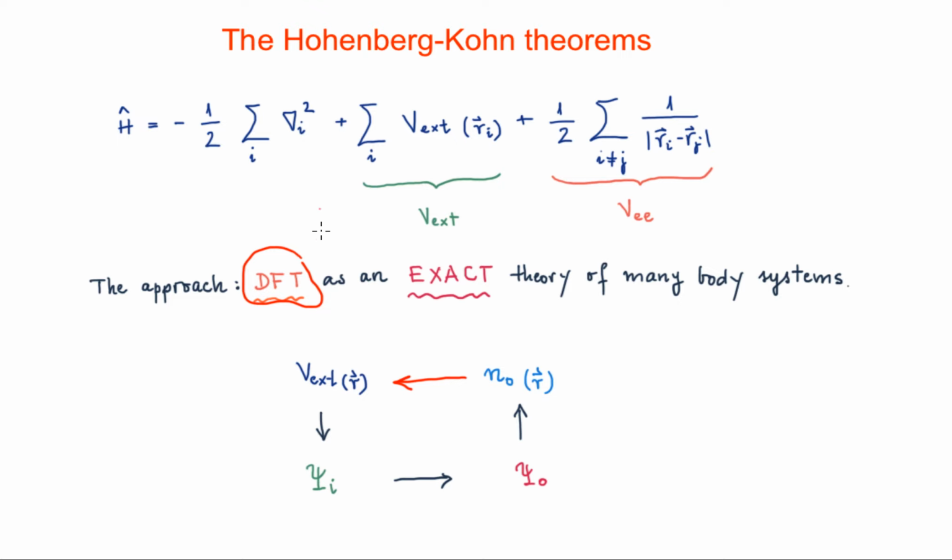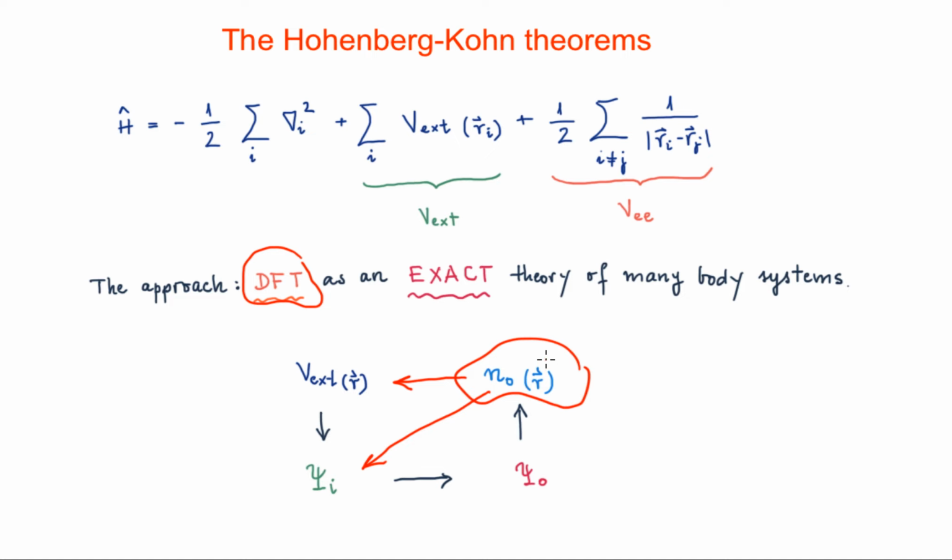Once we have the total Hamiltonian, we can calculate the eigenstates, the ground state, and with those eigenstates we can calculate everything we want. So in principle, everything could be determined through this ground state electronic density. And that's the main conclusion of these Hohenberg-Kohn theorems.